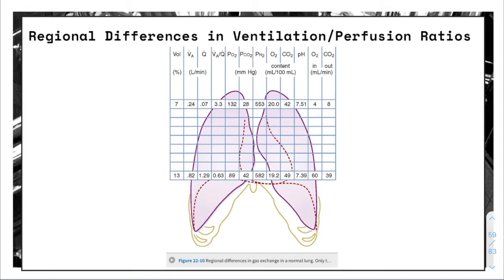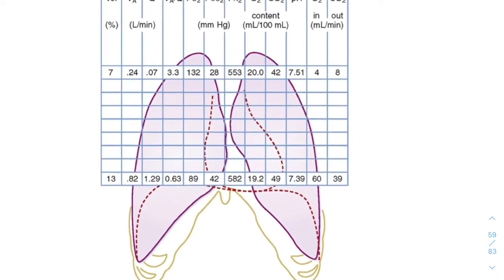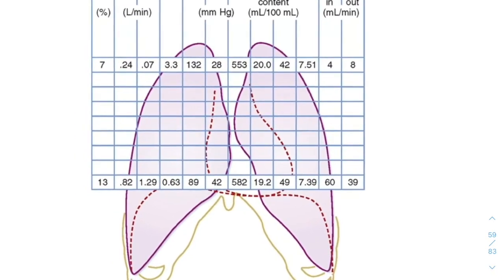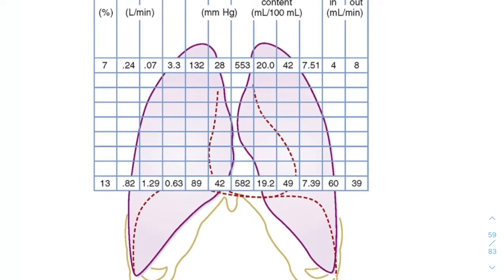So this summarizes the regional differences in ventilation perfusion ratio. As you can see, alveolar ventilation is greater at the base, and so is perfusion. But perfusion is 8 times greater at the base compared with ventilation.